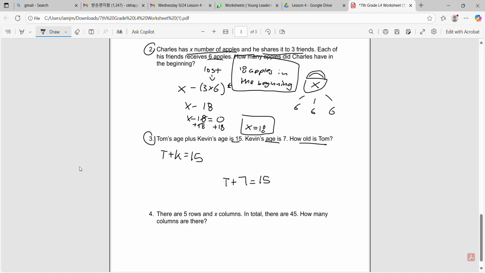To know how old Tom is, we have to get rid of Kevin's age out of the total sum of their ages together, 15. To do that, we subtract 7 on both sides, and you'll get T equals 8. Tom is 8 years old.